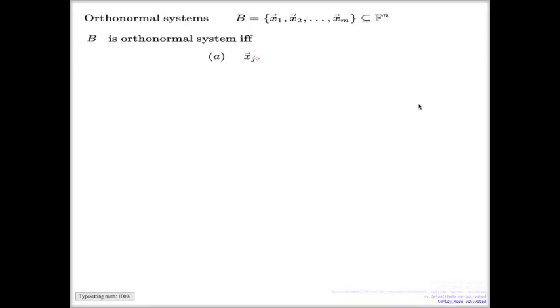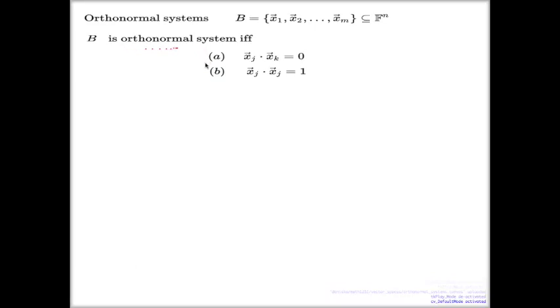First, they are pairwise perpendicular, or algebraically speaking, if you take the dot product of any distinct pair from this set, it is 0. And B, if you take the dot product of a vector with itself, it's 1. If these two conditions are met, we call it an orthonormal system.